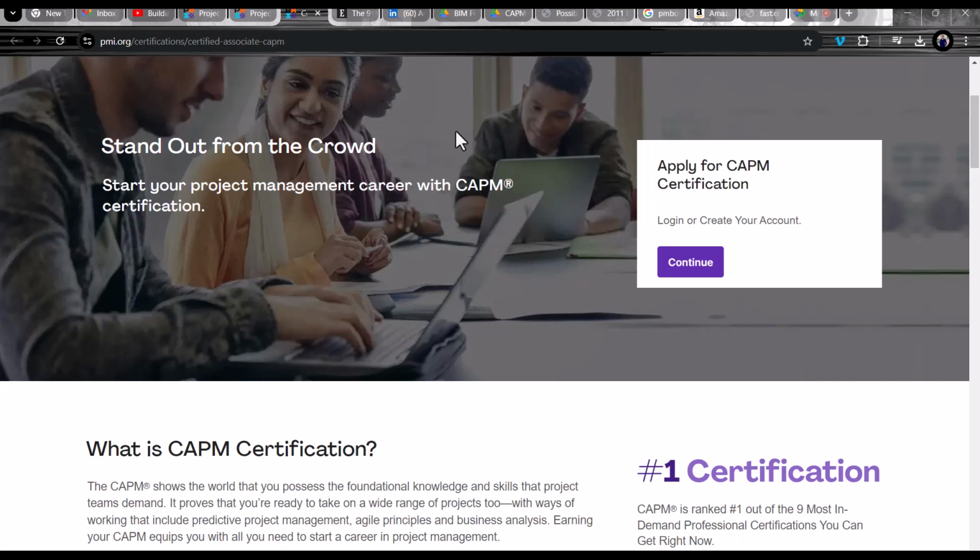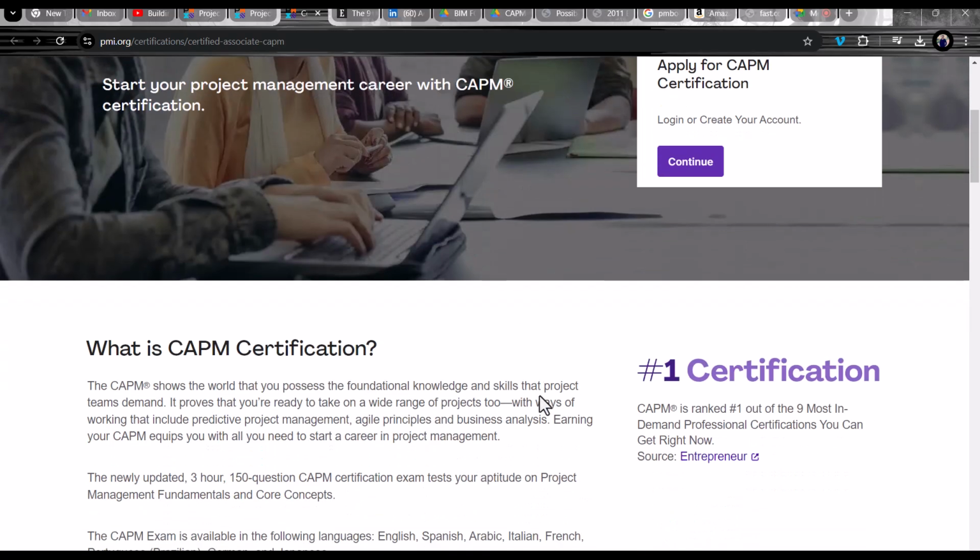Similarly, there are so many other institutes which offer project management courses, and after completing these courses they actually motivate people to give these types of certifications.